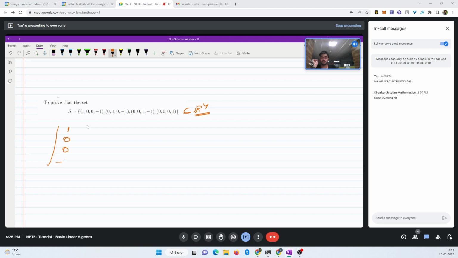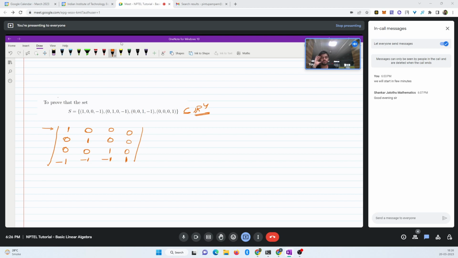1, 0, 0, minus 1, 0, 1, 0, minus 1, 0, 0, 1, minus 1, 0, 0, 0, 1. Okay. So we have one row in which we have only one non-zero entry.